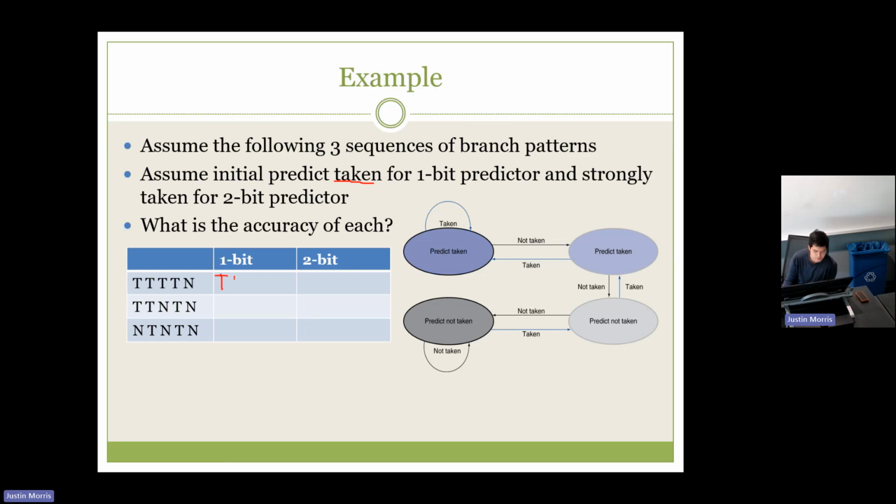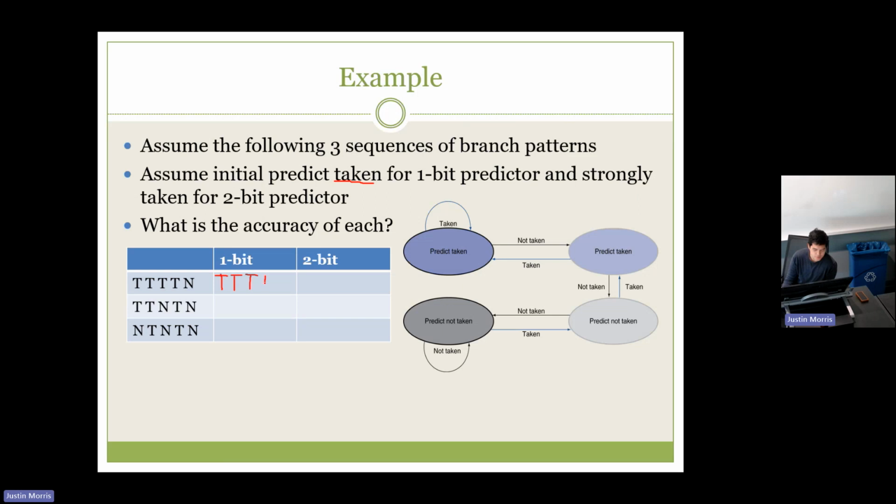So I'm going to predict taken again. And I'm right again, so I don't update the predictor. I predict taken again. Again, we're right. We don't update the predictor.